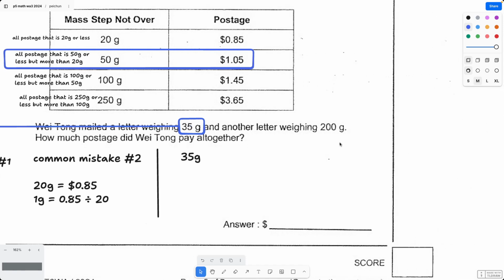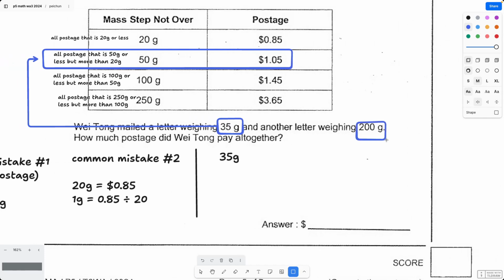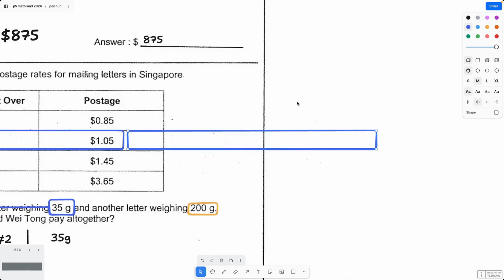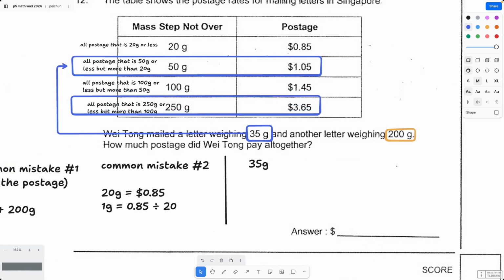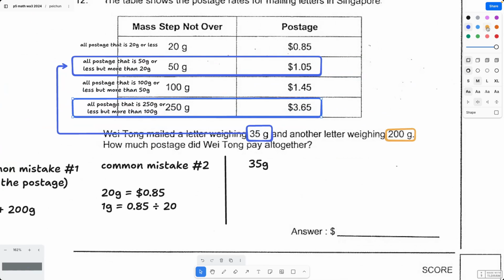All right, so now let's move on to the next one, 200 grams. Let me put another color. So 200 grams will be where? Where do you think 200 grams is? If you say it is under the 250, then you're right. So I'm going to put this over here as well, 250 grams, with yellow. And then I'm also going to duplicate this.